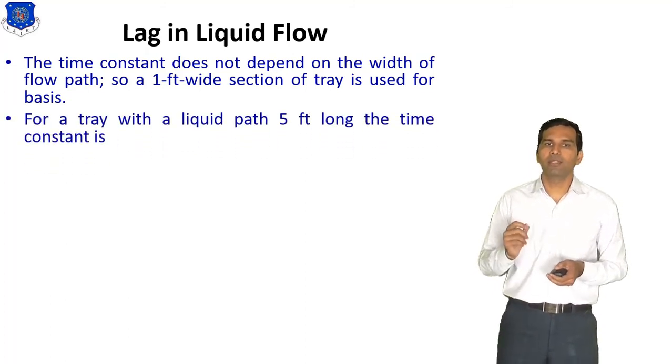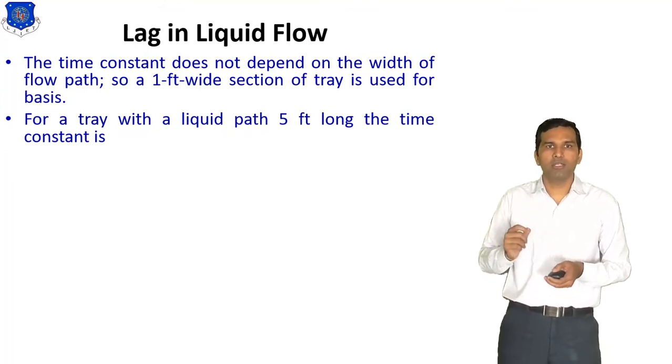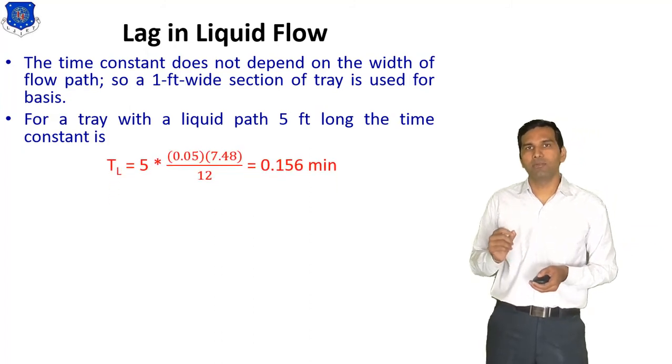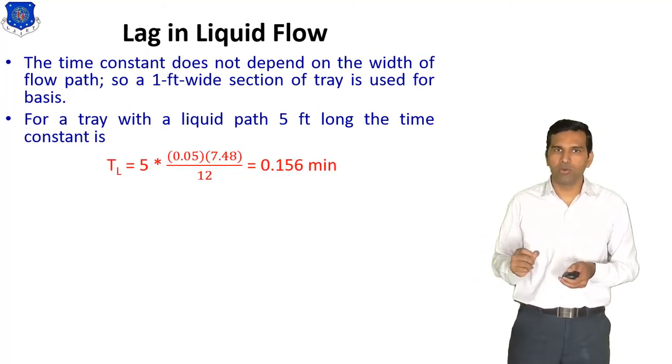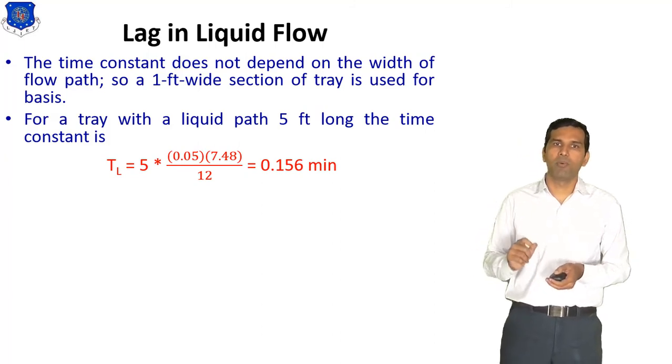For a tray with a liquid path 5 feet long, the time constant is calculated as TL = 5 × 0.05 × 7.48/12.